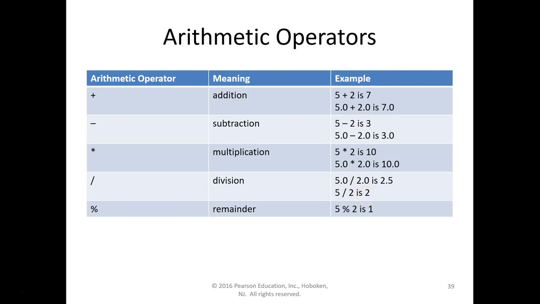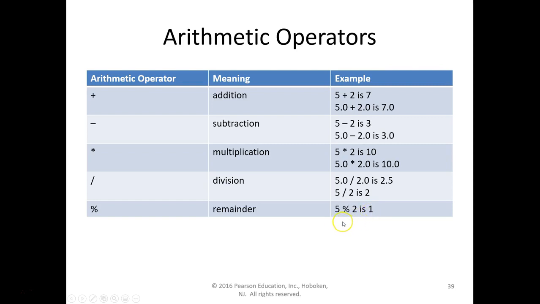This is an error a lot of students make, thinking that by dividing 5 by 2, they're going to get 2.5. It's not. You have to tell the computer that, hey, my 5 here is not an integer, it's a decimal. Then the result will be a decimal here. Now, this one is remainder, in all programming languages. So it means that when you divide 5 by 2, the remainder is 1.